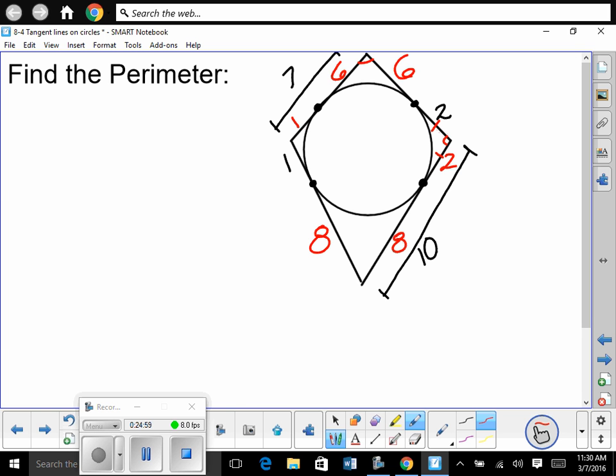So now we can add the perimeter very carefully. I'm going to cross them out as I go. A lot of people will mess up because they'll either double dip or leave something off. So I'm doing 7. Is everybody following me? So I cross them out so I don't miss anything. So I'm doing 7 plus 6 plus 2. I'm not going to double dip and do plus 2 plus 10, right?